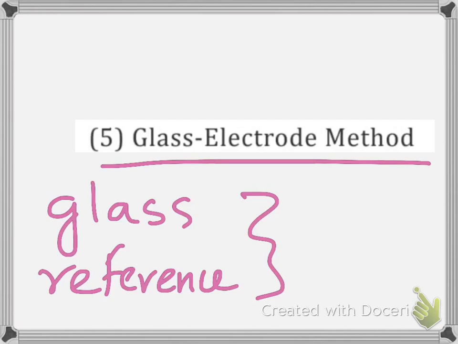And the method can be used on various types of solutions, with oxidizing or reducing substances having very little impact on the result. So the glass electrode is widely used, not only in industry but also in many other fields.